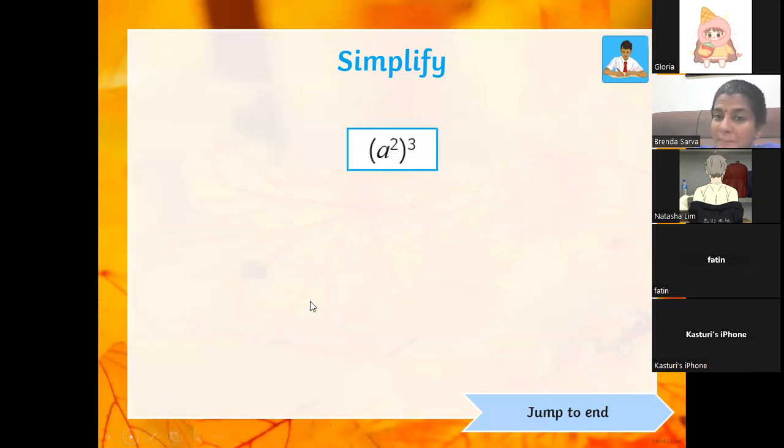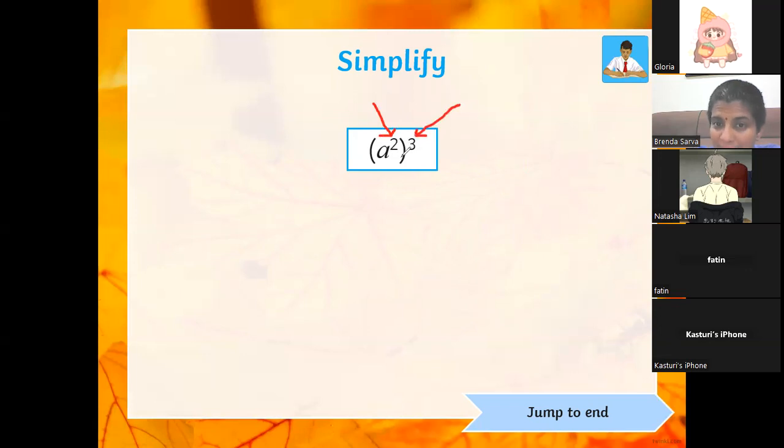How about this? What does this mean? Okay, this is a little bit advanced. Let me just explain. I know it's a bit higher already, the level. This is called an index. These power numbers are called indexes.